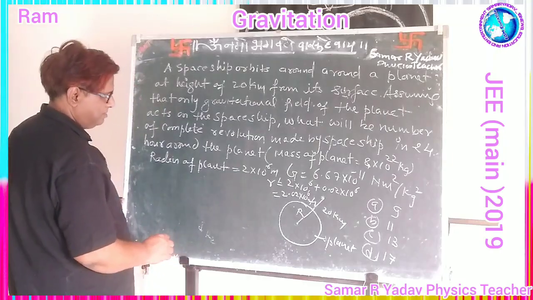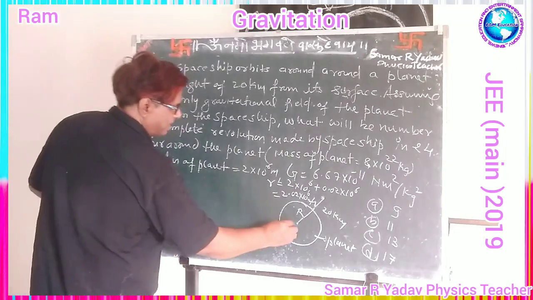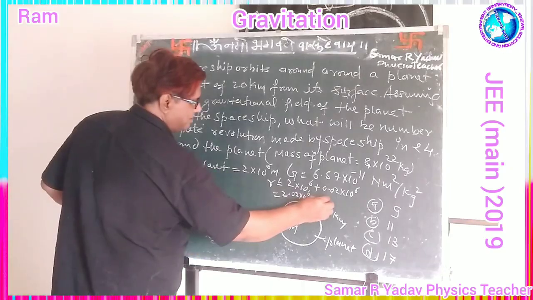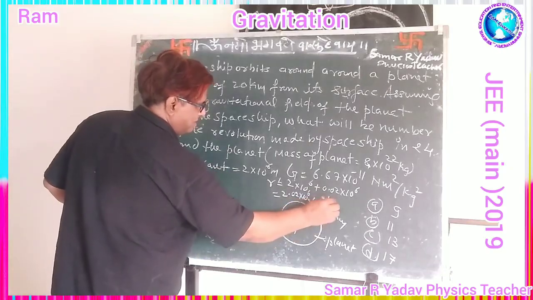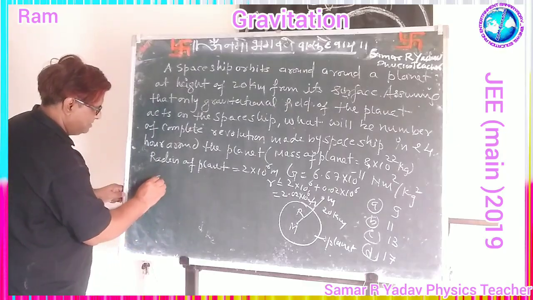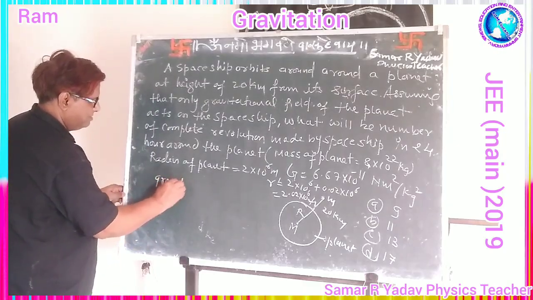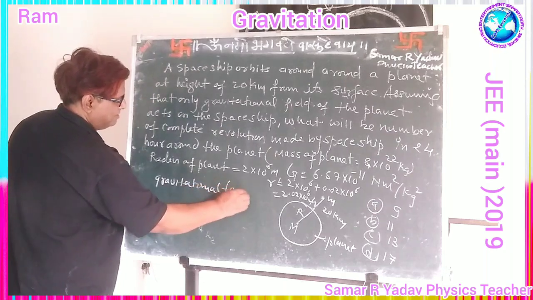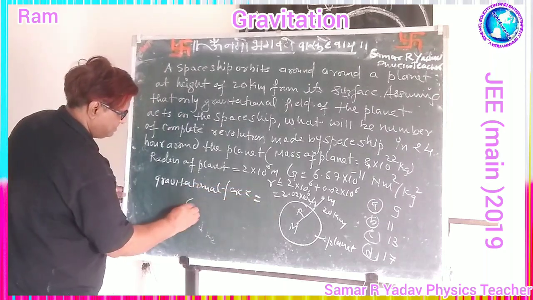Now the mass of the planet is capital M, which is given, and the mass of the spaceship is small m. Now gravitational force is equal to centripetal force.